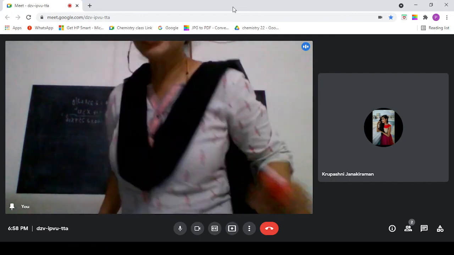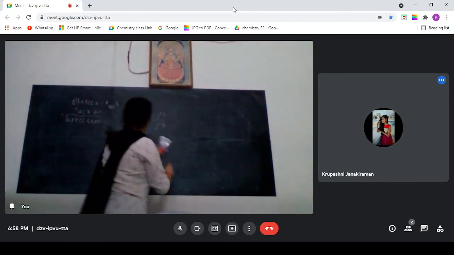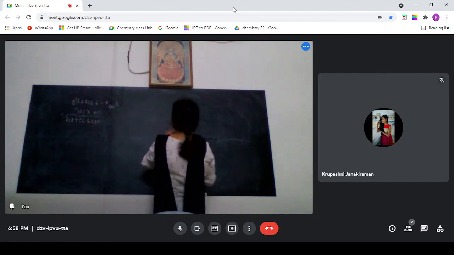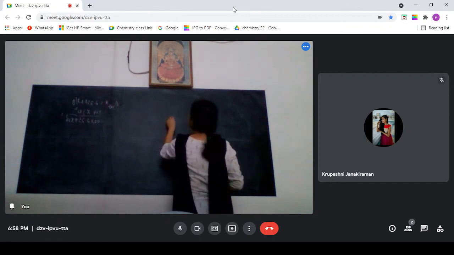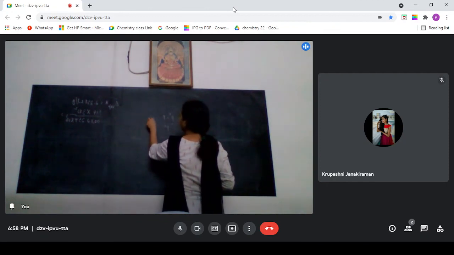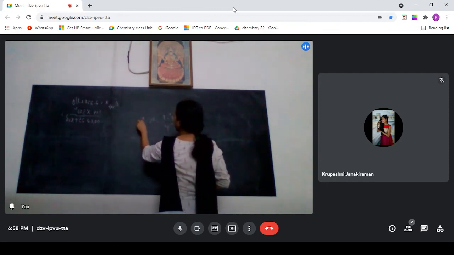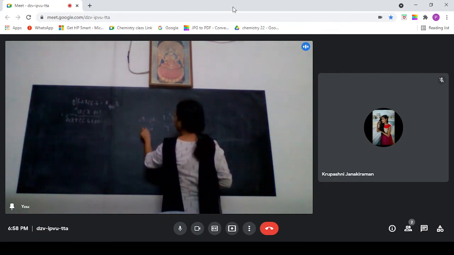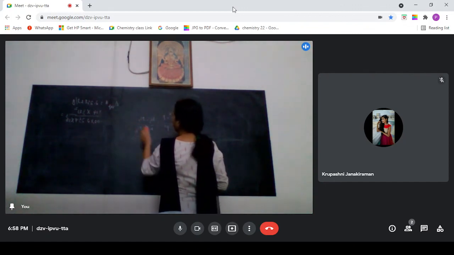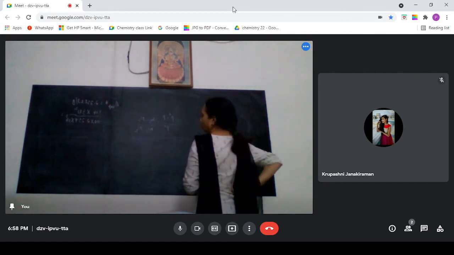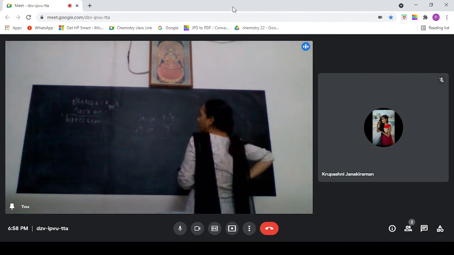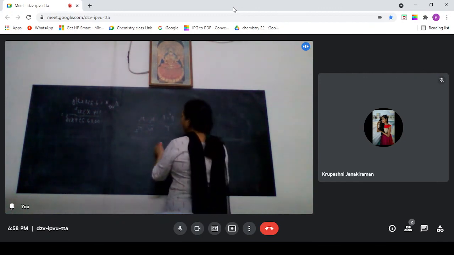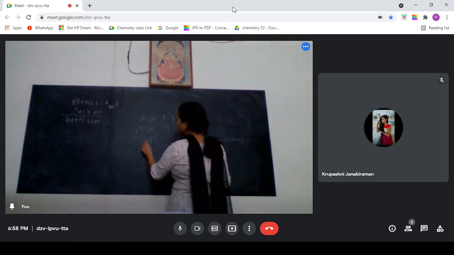Correct. Just try to modify the formula. So, P naught minus P by P naught is equal to W2 into M1 by W1 M2. N2 by N1.